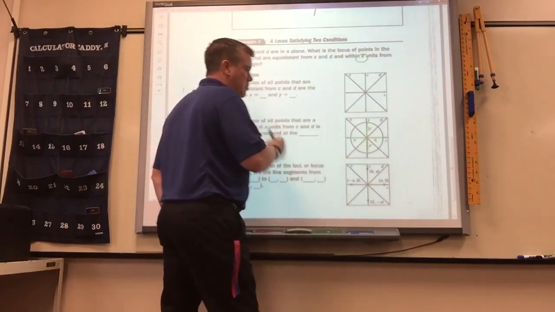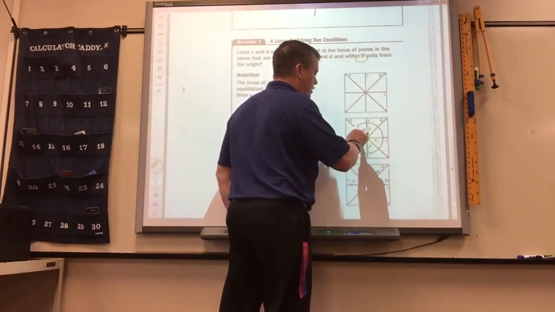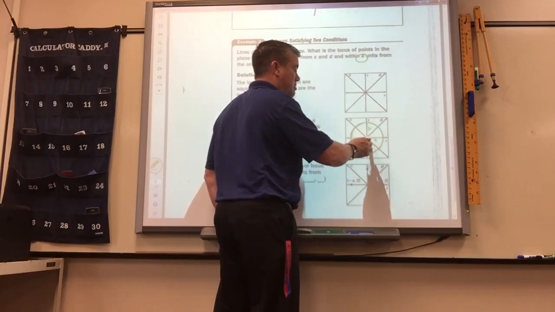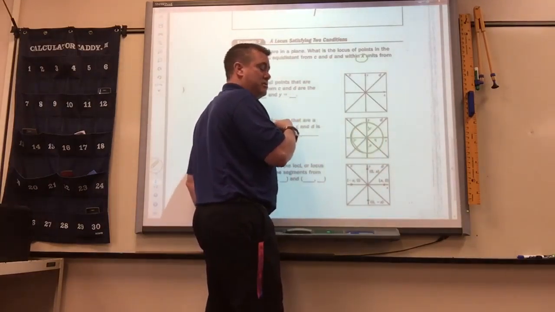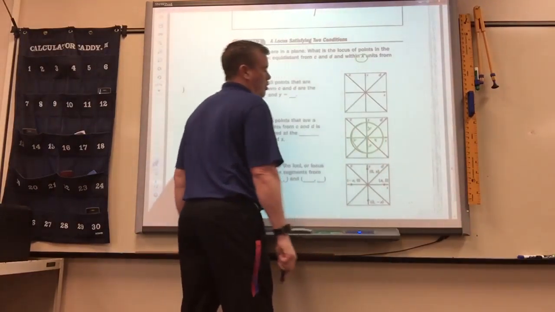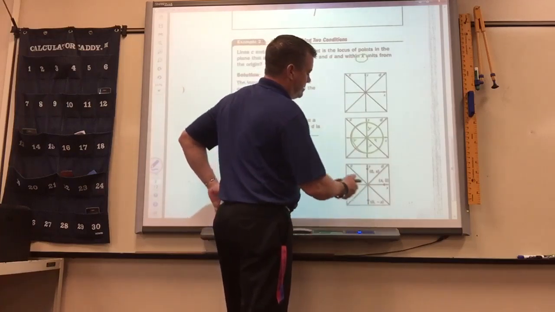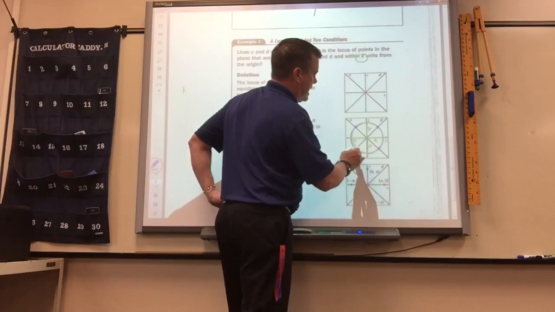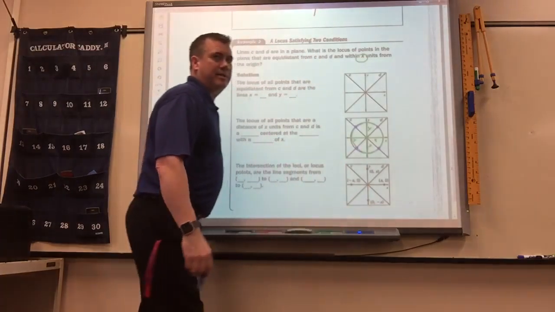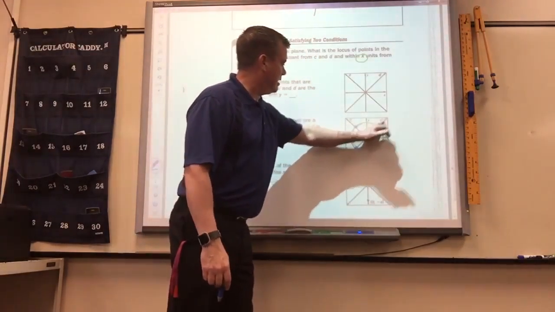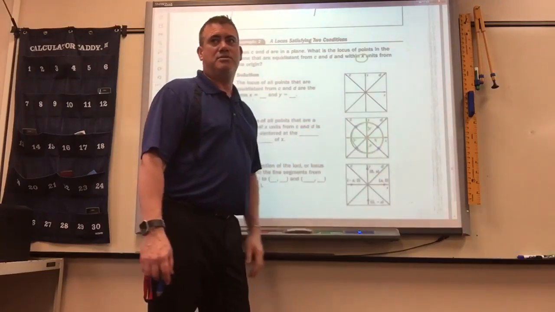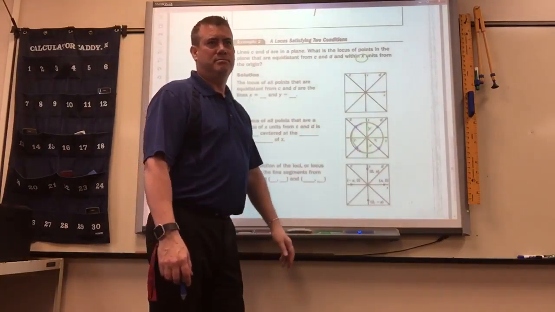So every point on this circle right here would be equidistant from the center, right, from the origin. But they just want the points that are on the line. So it'd be this point, this point, this point, and that point. On line D and on line C, those are the 4 points that are all the same distance from the center.